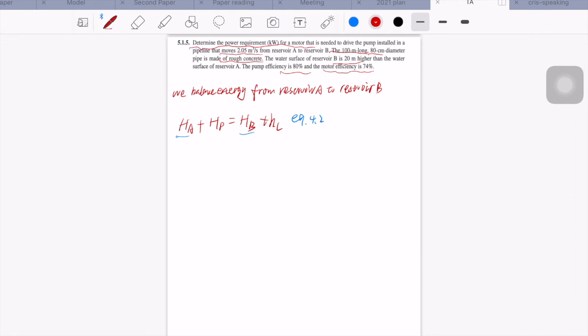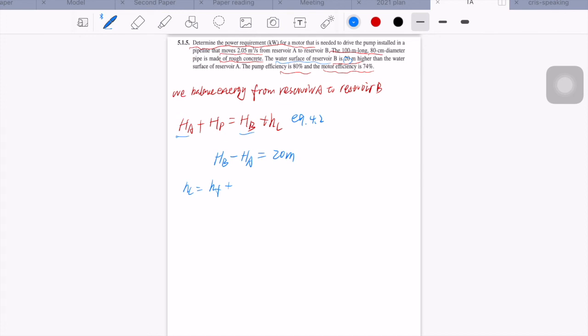So from the problem, we know the water surface of reservoir B is 20 meters higher than the water surface of reservoir A. So now we know that HB minus HA equals 20 meters. And we know the head loss equals friction loss plus minor loss.